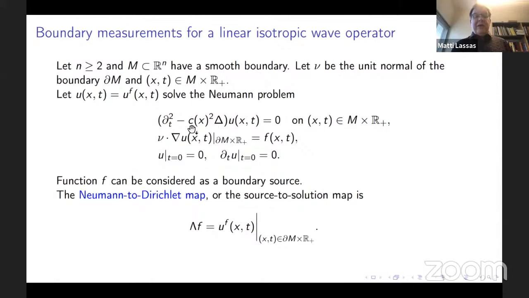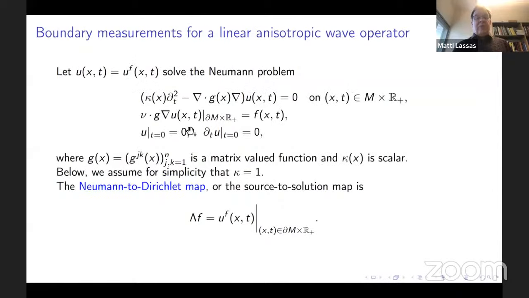So this is one of the basic examples. We have here wave speed c of x. But this is not a very good model because often the medium is not isotropic, but anisotropic. Anisotropic means that we take the same wave equation, but we replace the wave speed with a matrix. So we have here the gradient multiplied by a matrix, and then its divergence. Often one adds a function kappa, but we will assume that this kappa function is 1.